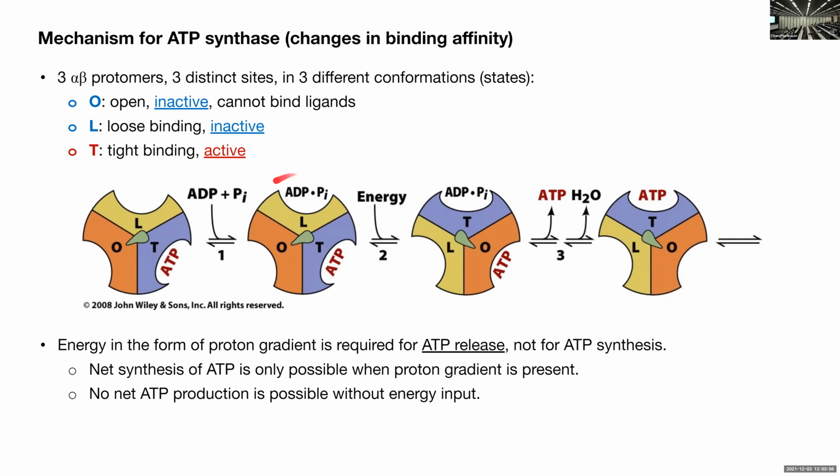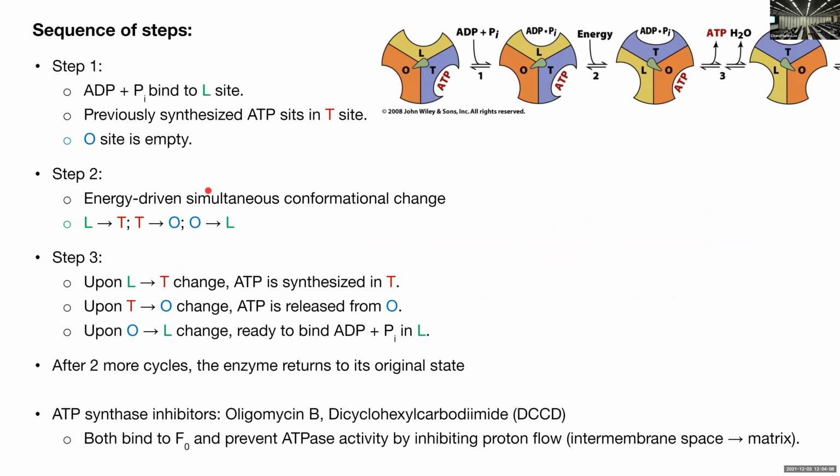It is quite important to understand how it is actually working, what kind of states it can have, like open, loose, and tight binding, and how they alternate. And there are inhibitors here too, right? Some affect only the ATP synthase, and some other inhibitors affect the electron transport chain too.